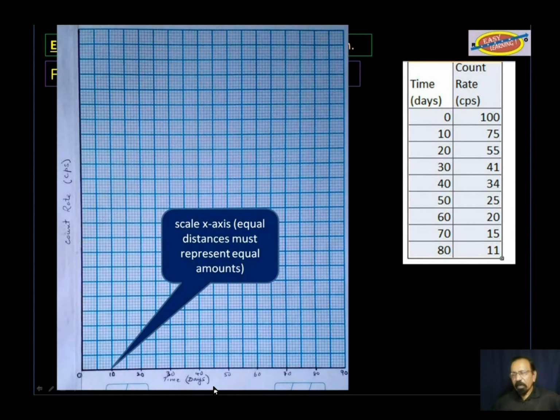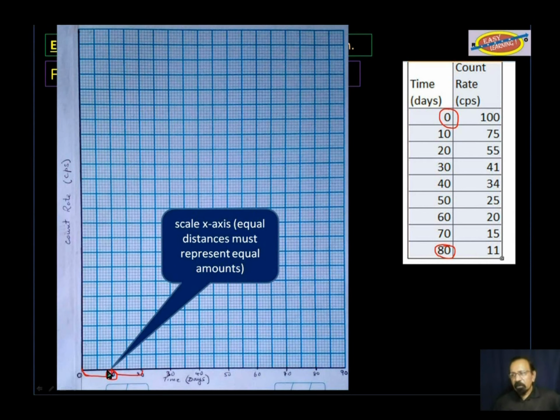Now that we have that, we have to scale out the axes. Time in days, we are going up to 80 days from 0. So you look at your graph paper and you realize that you could take every 2 centimeters as 10 days. Equal distance on the axis must represent equal amounts.